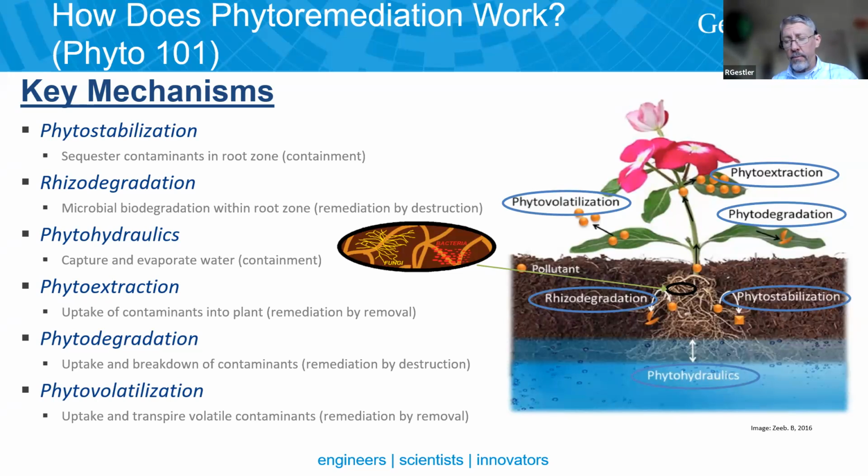A wonderful example of this is 1,4-dioxane that I'll speak about a little later. 1,4-dioxane has a very long half-life in the subsurface because it's so recalcitrant, whereas in atmosphere, typical half-life is 10 hours to 24 hours due to hydroxyl radicals, where it's quickly broken down. So phytovolatilization. So critically then, you have to understand it's often a combination of these mechanisms working together in concert that brings about the full remediation that we desire for these sites.